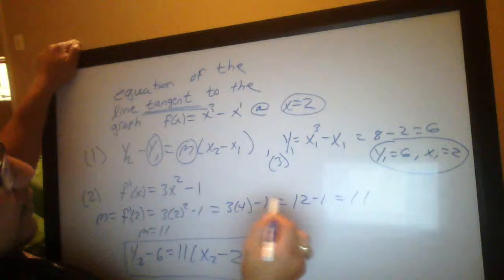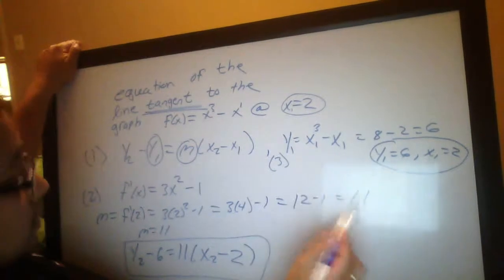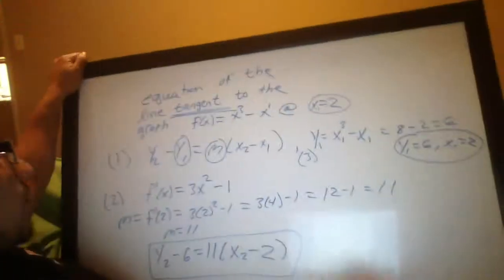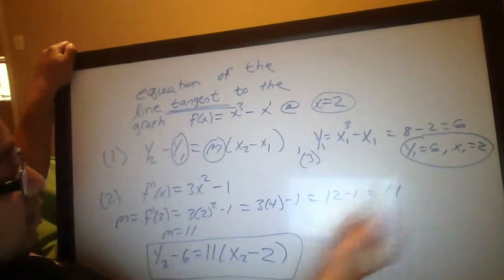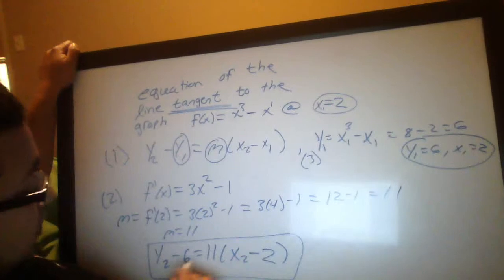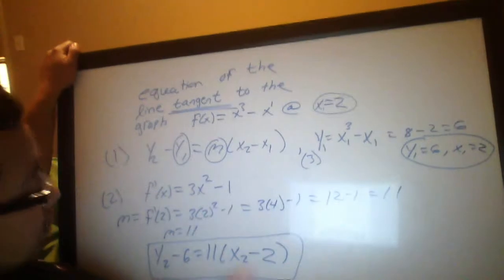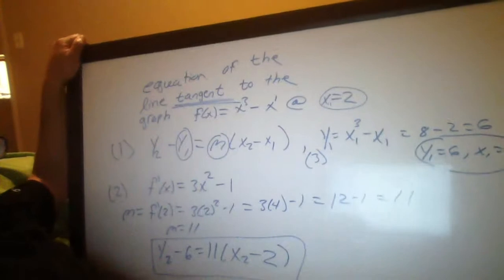Plug it in and you get 6. The final step, step 4, is to plug everything in: your slope, your y1 and x1, into your equation. That's your answer. Hope that's helpful.